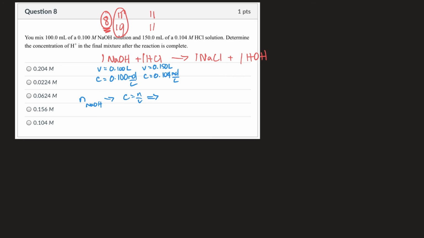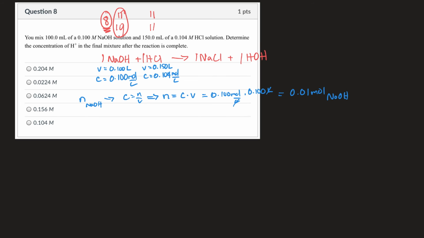So to get the moles, I've got to multiply both sides by V. So moles are equal to C times V. My concentration is 0.100 moles per liter, and my volume is 0.100 liters. The liters cancel when I multiply, and that gives 0.01 moles. So that's how many moles of NaOH I have.